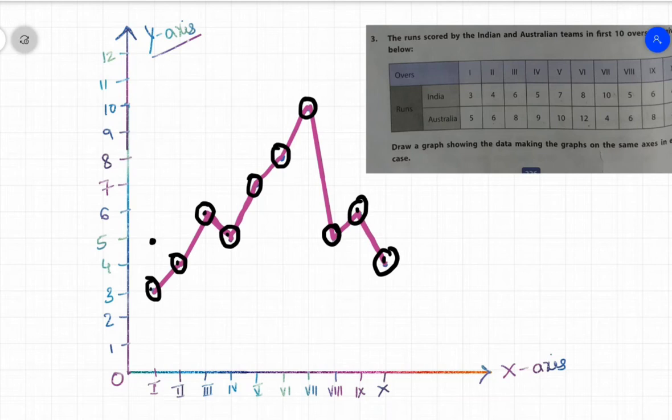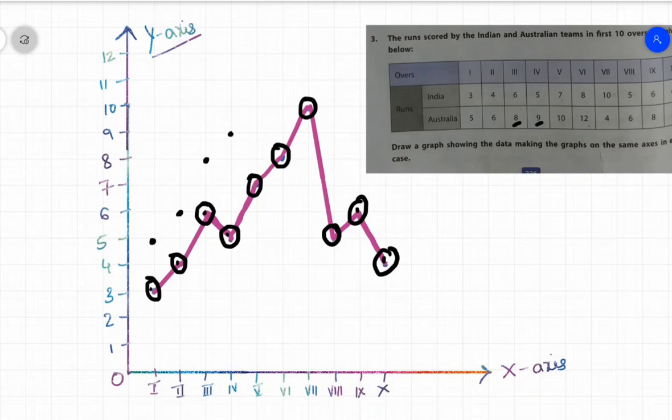So second over go to 6. So here the point comes. Third over it is 8. So third over go to 8. Now fourth over it is 9. So come here.